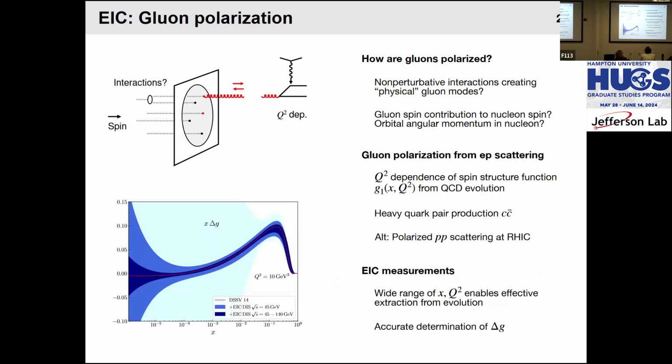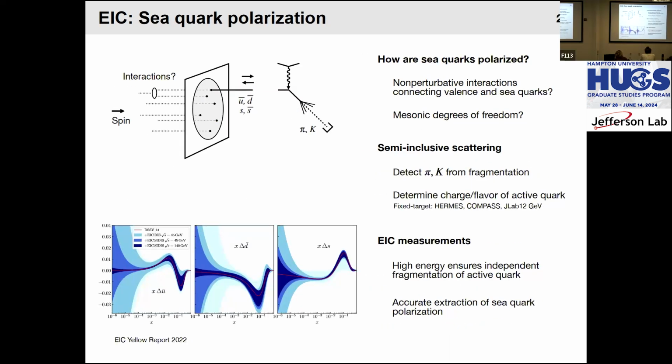And then by using semi-inclusive scattering and the sensitivity to charge and flavor, we can narrow this down to the dark blue bands shown here. And you see that we can really map out in this way the X dependence of the anti-quark distributions in the nucleon, of the polarized anti-quark distributions in the nucleon.